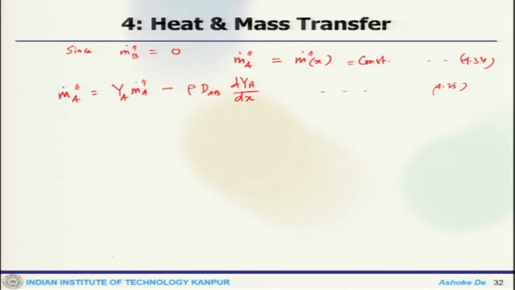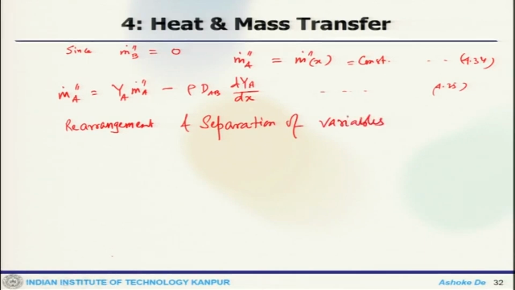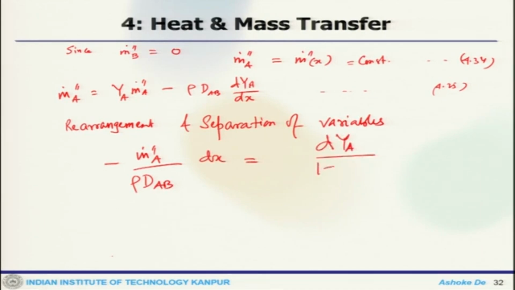Now, if we rearrange and separate the variables, what we get is m dot A by rho D A B d x equals d y A by 1 minus y A. So, that is what we get.